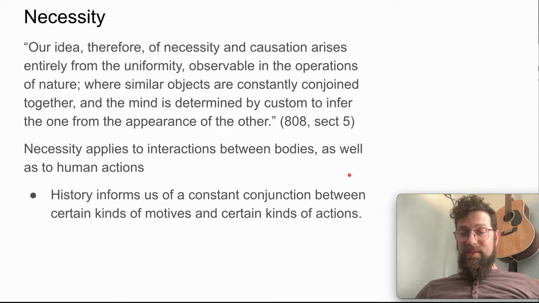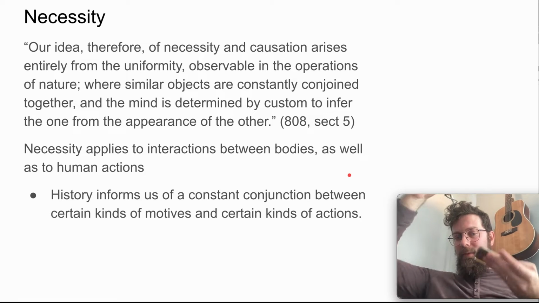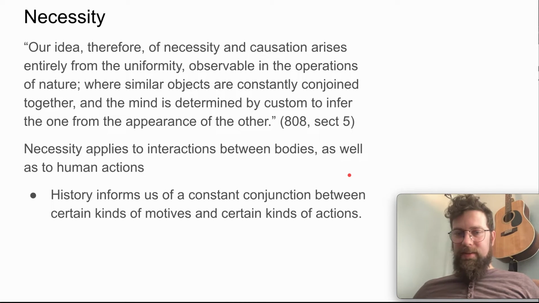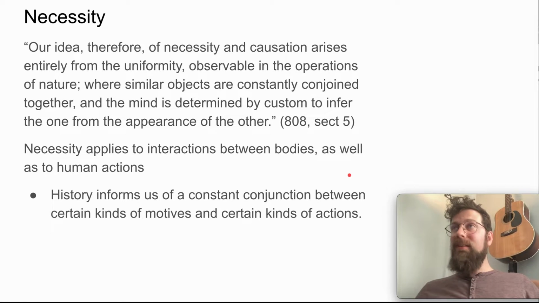So Hume is going to say, just like every time you take an object and let it drop, and it falls, that's the kind of thing where we observe a constant conjunction. He's going to say we also observe constant conjunctions between certain kinds of motives and certain kinds of actions in the universe. So, for instance, when people get hungry, they eat.